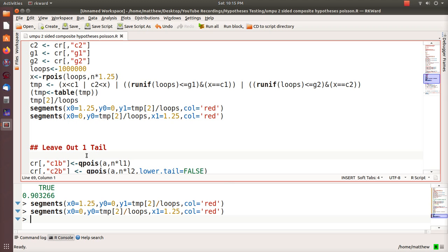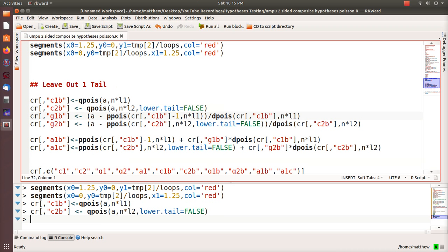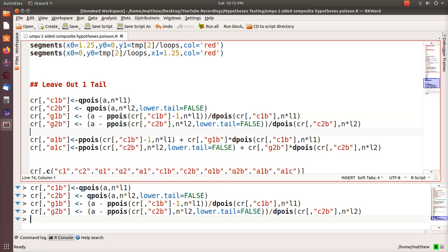Now let's look at this leave one out tail test, and it's so easy to calculate the critical regions based upon this C1 and C2. You just find the area to the left, assuming lambda 1 is true, that it's less than alpha, and then you do the same thing for when you assume lambda 2 is correct, and you look at the area to the right, and then you can solve for gamma 1 and gamma 2 from that.